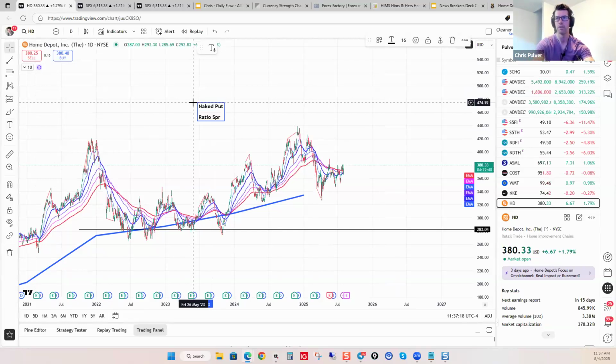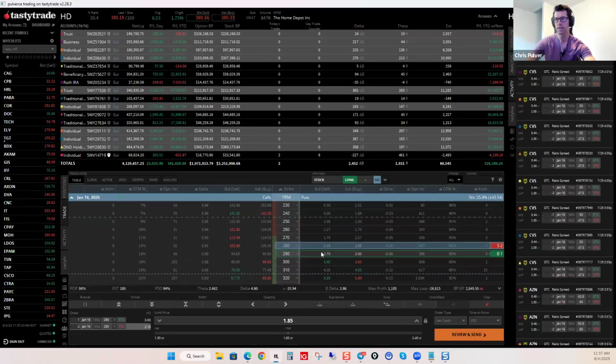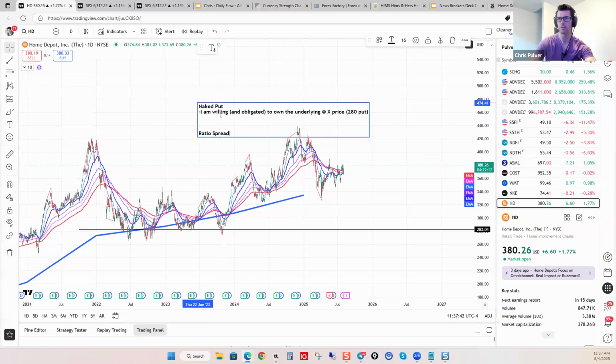A naked put is basically expressing to the broker, I am willing and obligated to own the underlying at X price. So if I sell the 280 put, if I just do a naked put, I can get $2.15 credit. This would be $2.15 credit at the 280 sell put.